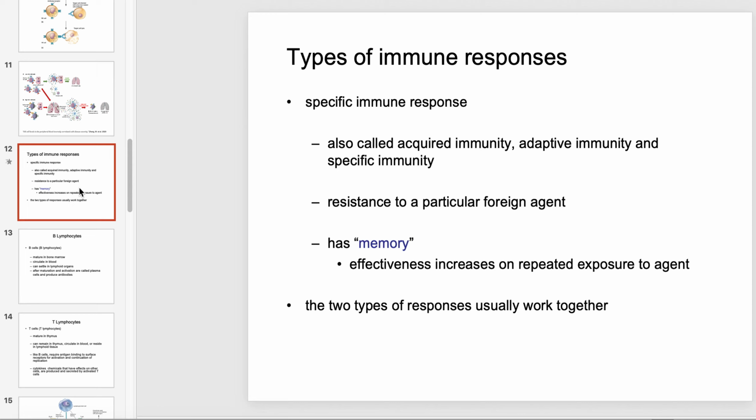So if you've had measles once, you may get sick, your body fights the measles, you recover, and then the next time you get measles, the reaction is so rapid and so efficient that you never even develop any symptoms. The two types of responses, not surprisingly, usually work very well together to control infection.